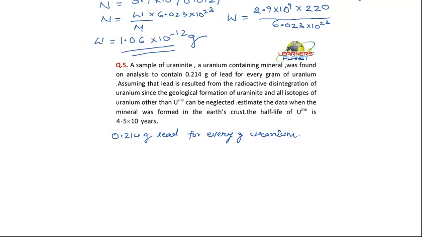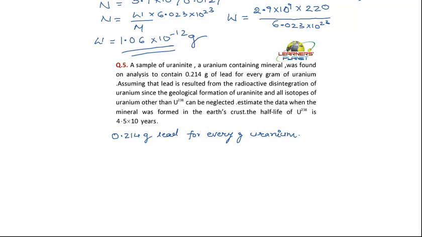Right? Now, assuming that lead has resulted from radioactive disintegration of uranium, since the geological formation of uraninite, and all isotopes of uranium other than U-238 can be neglected.